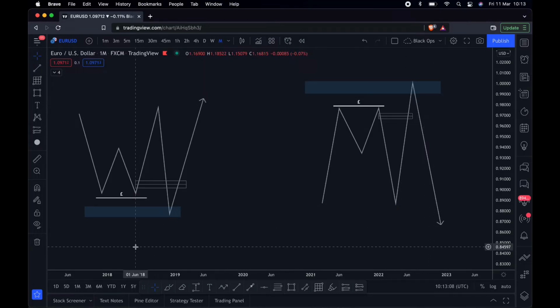Now, on this diagram, I've also drawn this area here. So this is here to represent a demand zone and here to represent a supply zone. So generally what will happen is we will have an order block or a zone of interest below the equals that price will come, grab the liquidity from this equals and then tap into this area and then move away.